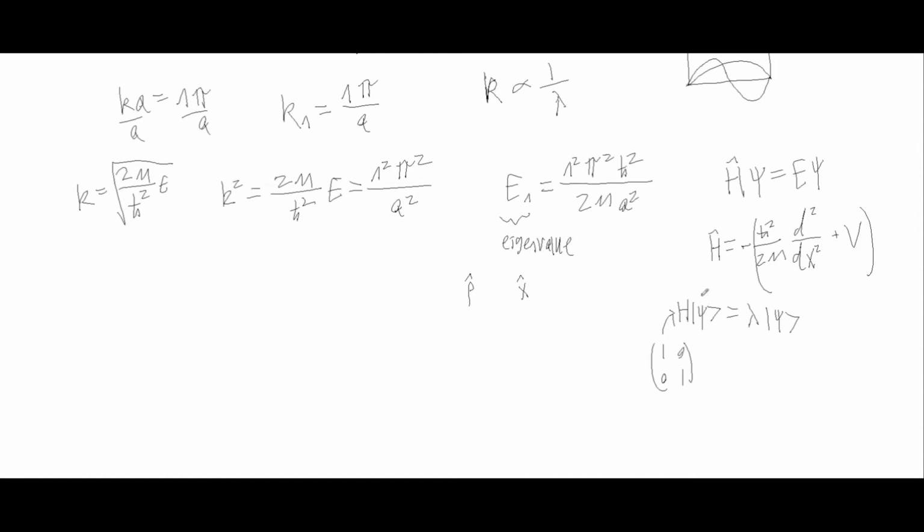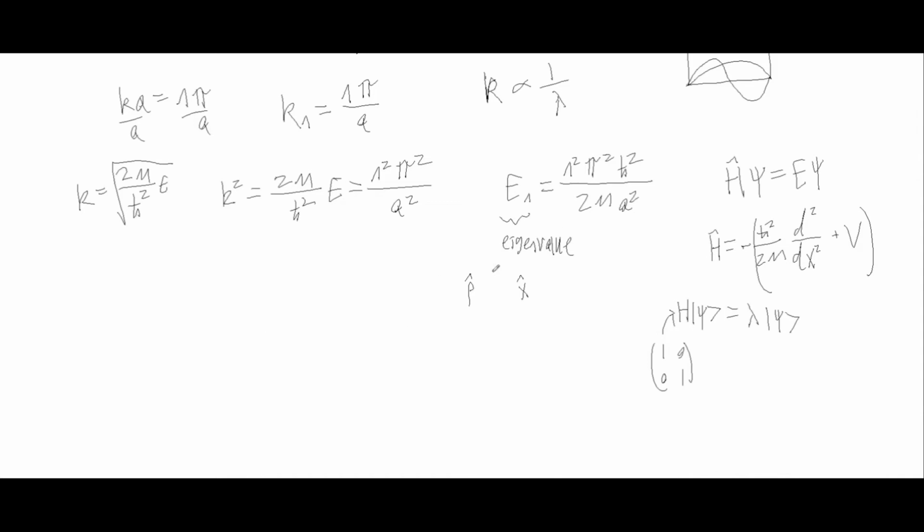All right, and so as I said, that is an eigenvalue. If we use the Hamiltonian operator on the wave function, then it will give us these eigenvalues, and which wave function it is will tell us what the actual energy is.